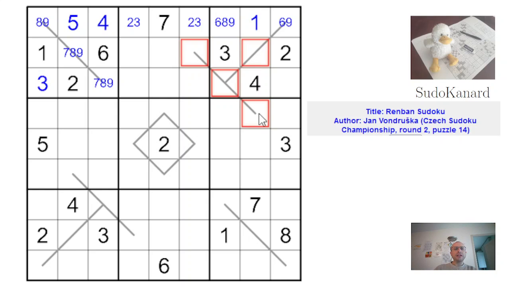And actually, I'm starting to think that this has to be a 7 anyway. And my point is that if 9 is here, then those cells must contain a 7, but because of that, 7 is not here, and because of this 7, 7 is not here.